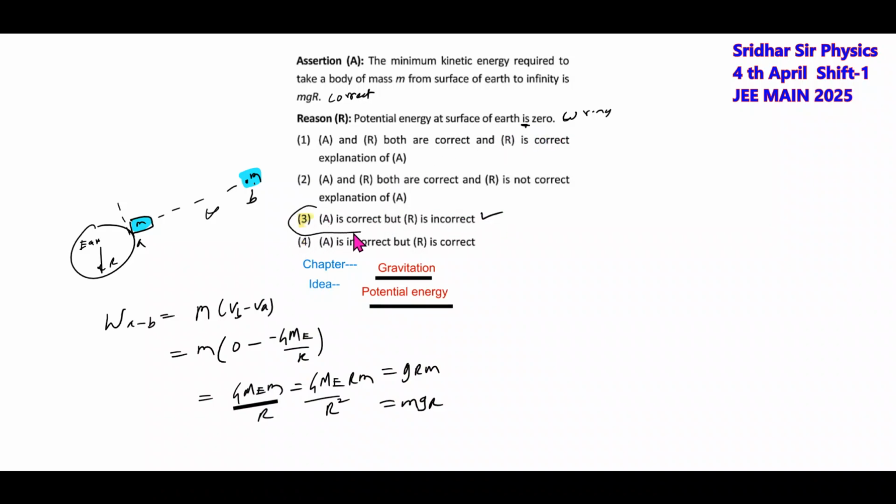We will pick up this option. Because if it is "may", then you have to pick up option 1, where R is the correct explanation of A. A really good question. Paper, it's really tough. I am concluding.